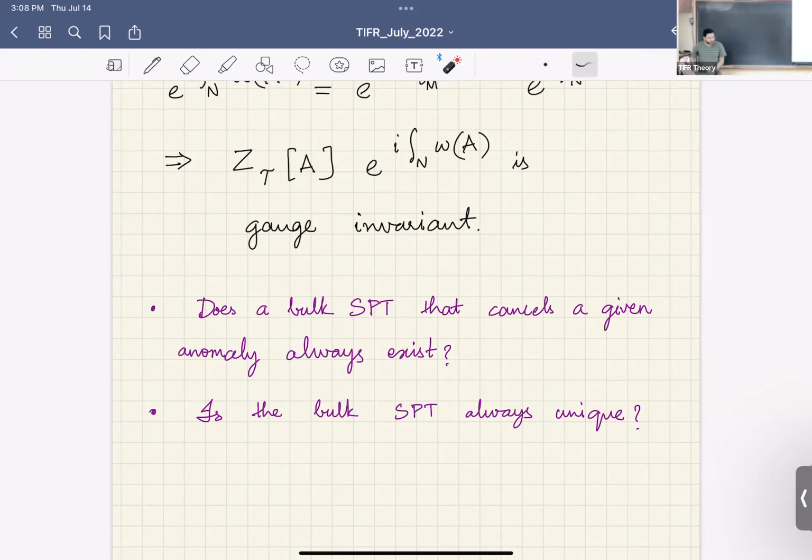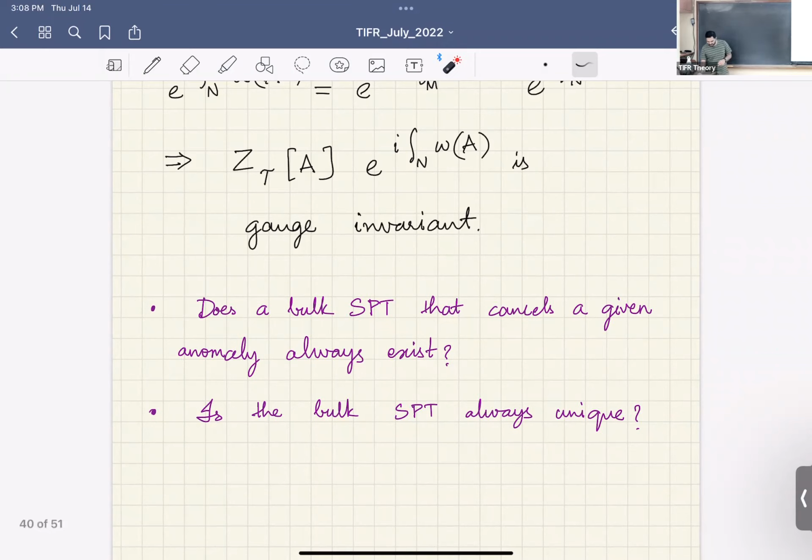Why do you call it an SPT phase? Because an SPT phase is like a trivial gapped system. If you ignore the symmetry, there is nothing in the system. The ground state is trivial and it's essentially nothing. But you could ask what happens when you couple it to some background gauge fields, and that can reveal something non-trivial about the phase.